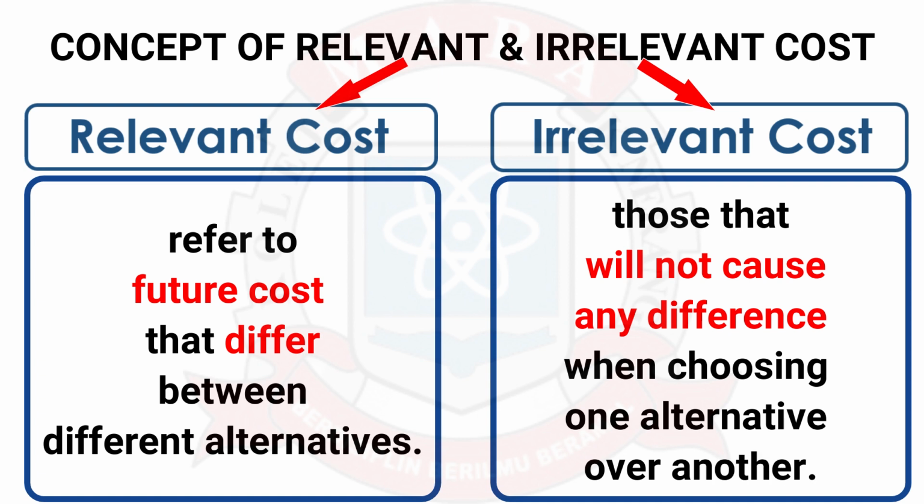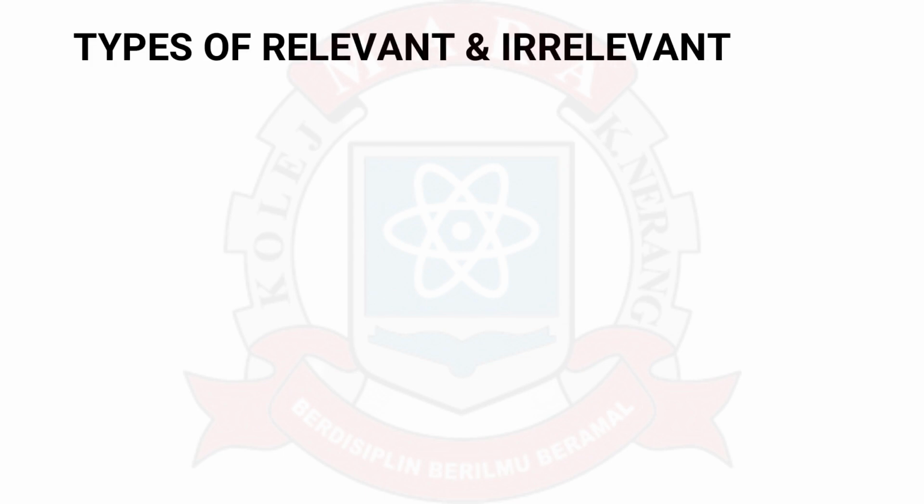Got it? Good. Alright. If you have understood the meaning of relevant and irrelevant costs, let's take a look at the types of relevant and irrelevant costs.